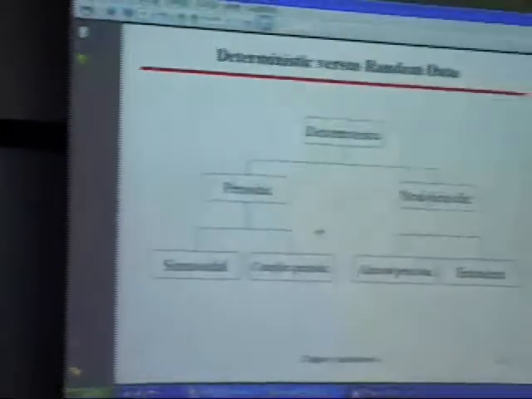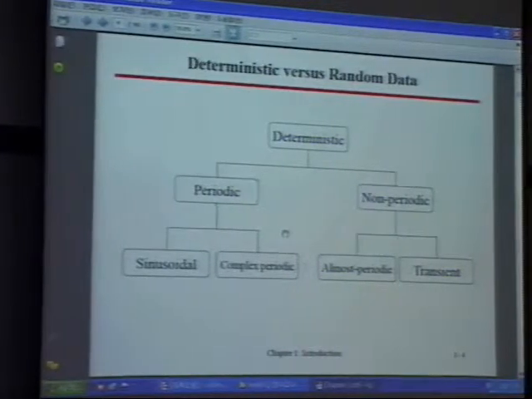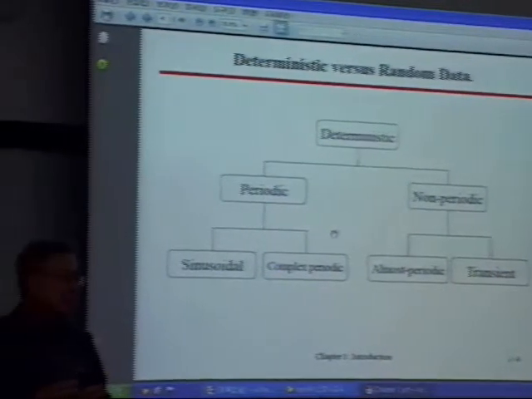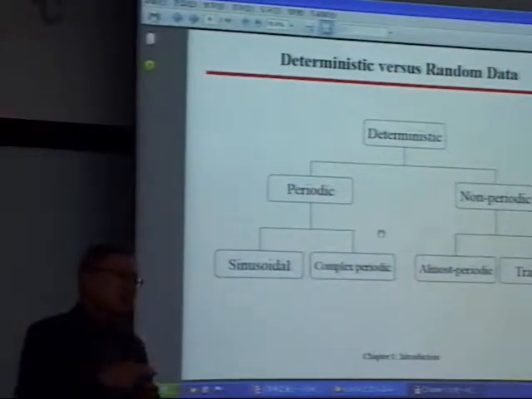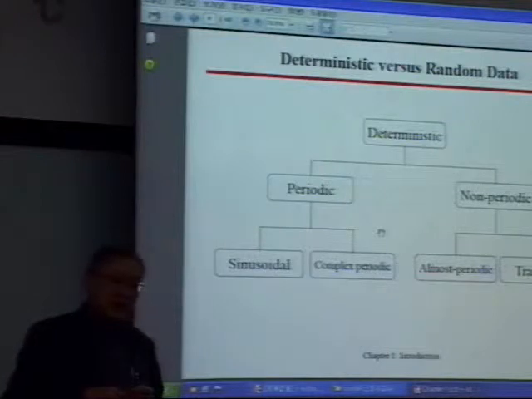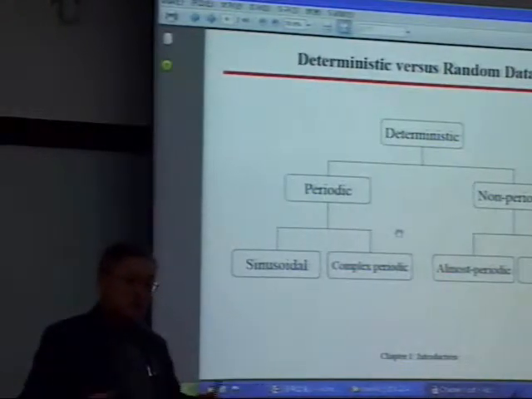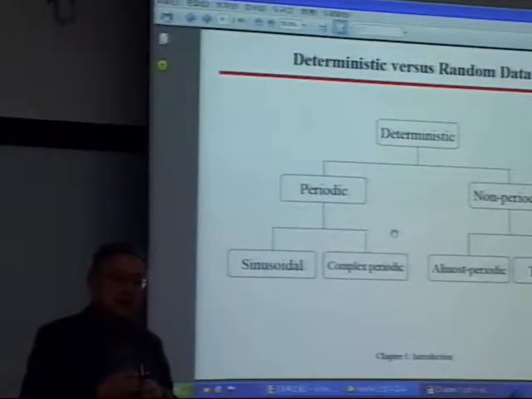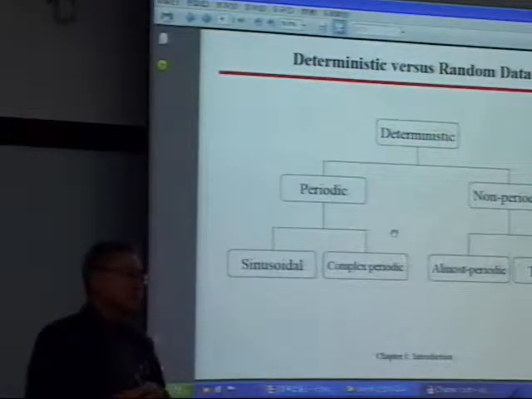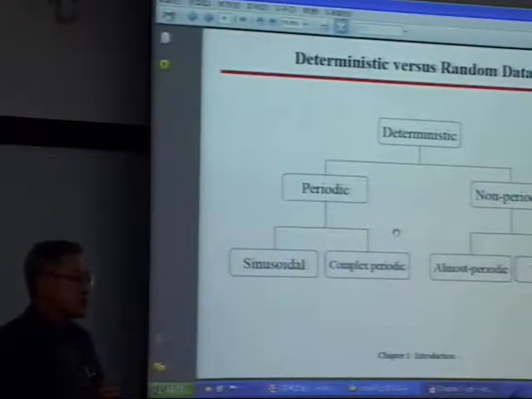I explained transient briefly, and now I'm going to push a little harder on that. For periodic functions containing many different frequency components, to investigate the details of the frequency content, you have to use the Fourier series. That's what I explained so far, and I'm going to talk more about it. There are classical forms, polar forms, and exponential forms.